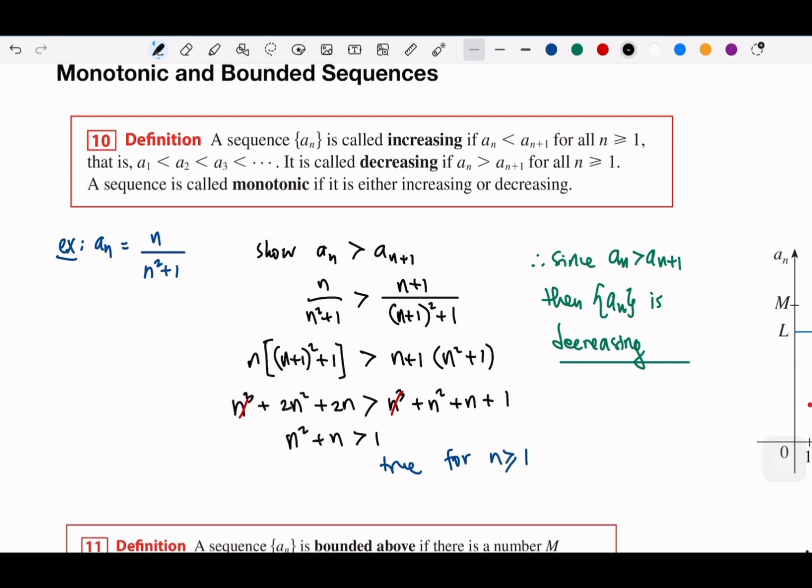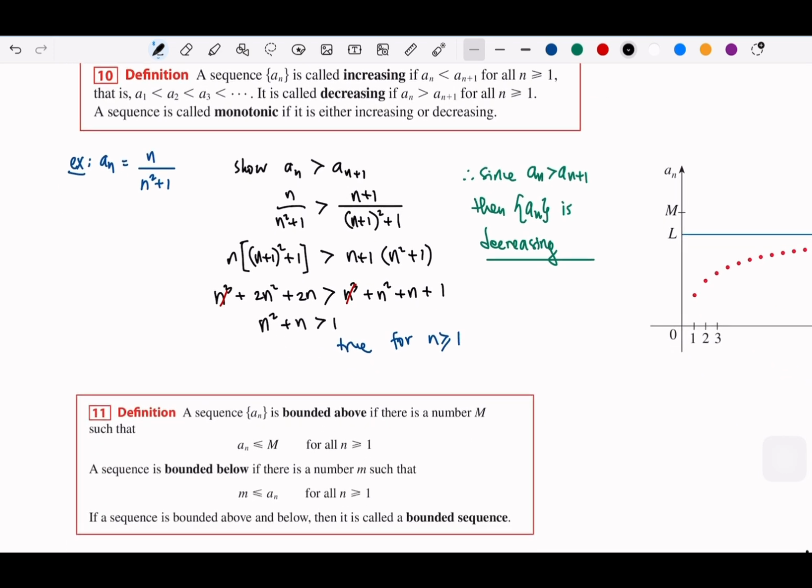So another thing, aside from monotonic, I will just zoom in a little bit here. There is a second definition, which is about the bounded sequence.